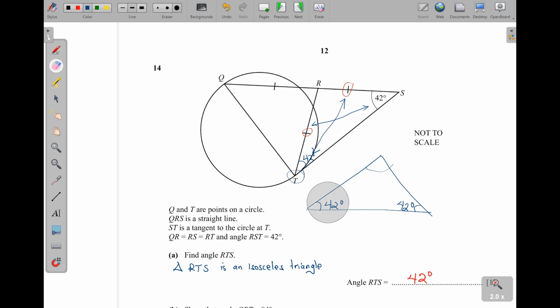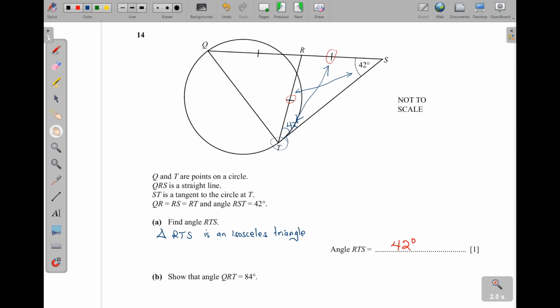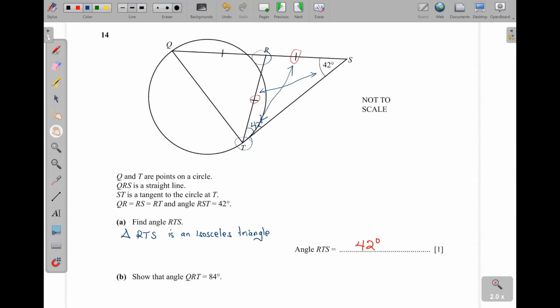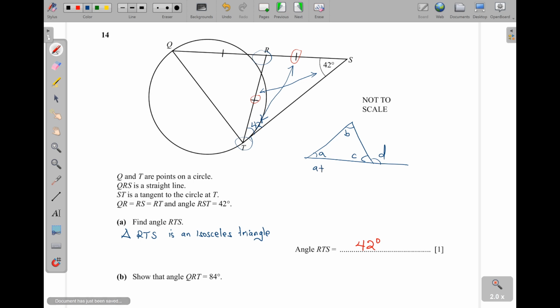So that is that. Then the next part, they are saying show that angle QRT is 84. QRT. So this is the angle they want. Now, for any triangle, I want to do something small here. If I have a triangle here, and this is A, this is B, this is C, let me put this one as D. For any triangle, we know that the angles sum up to 180 degrees.